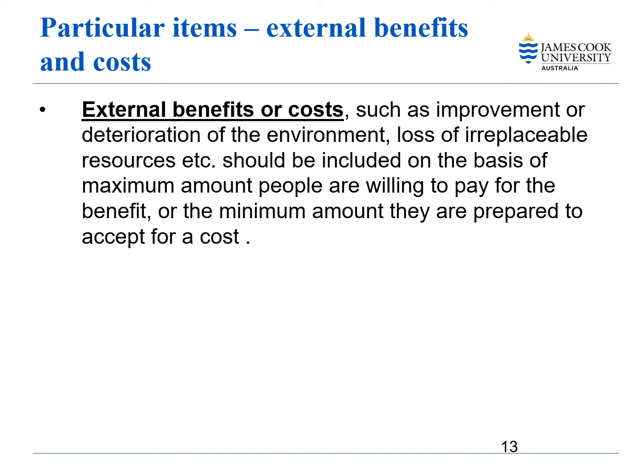External benefits and costs, such as improvement or deterioration of the environment, and loss of irreplaceable resources. In CBA, we should include these items in our NPV calculations. If it is an item of external benefit, we should value it at the maximum amount people are willing to pay for this benefit.